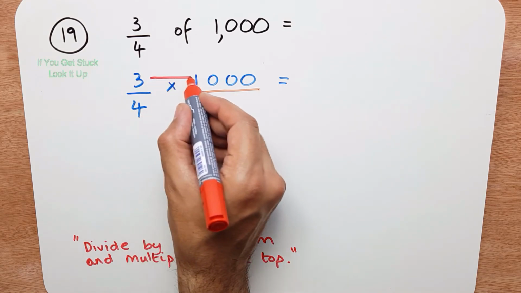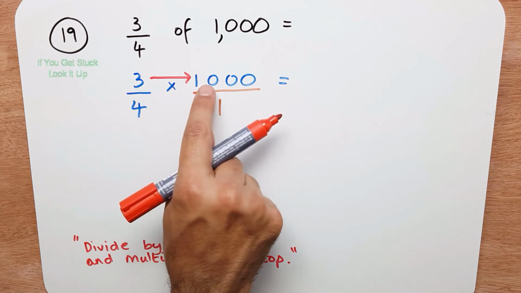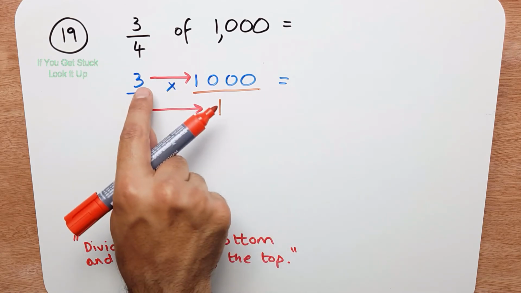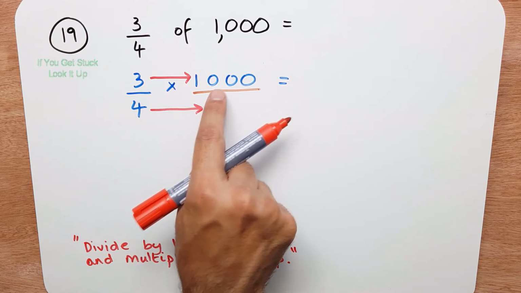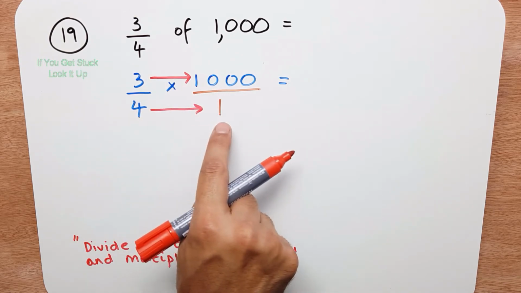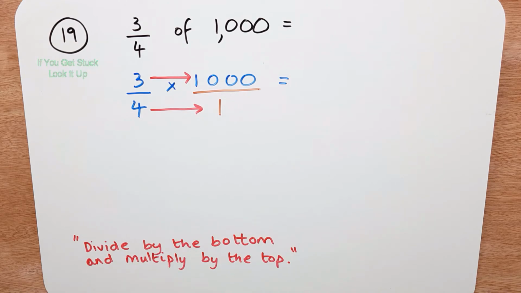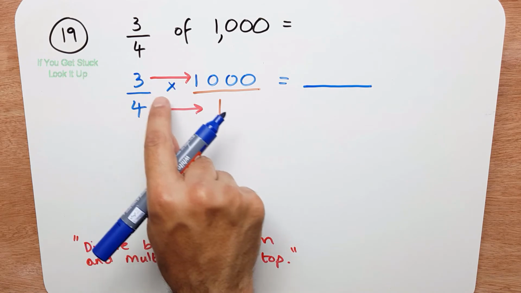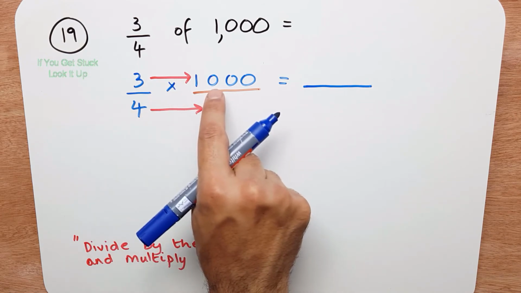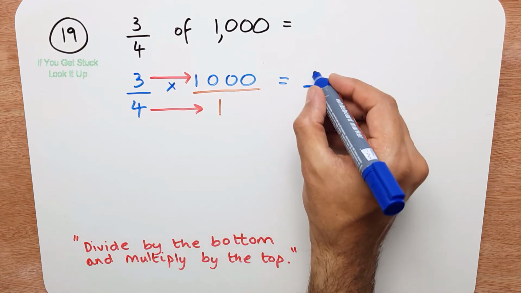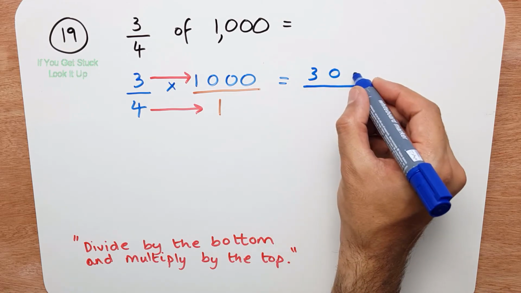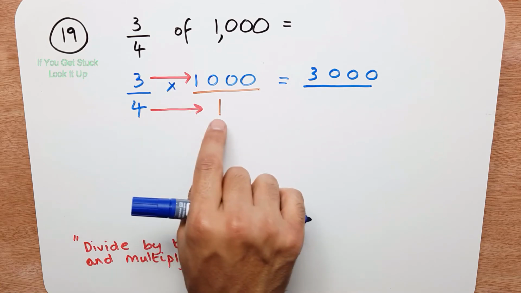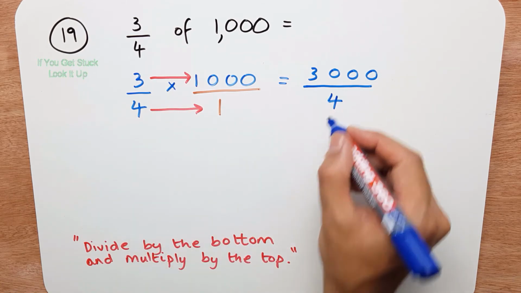You multiply straight across: the numerator by the numerator and the denominator by the denominator. So let's go ahead and do that. 3 times 1000 is 3000, and 4 times 1 is 4.